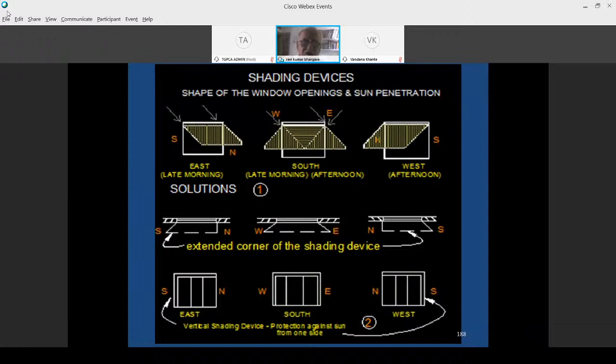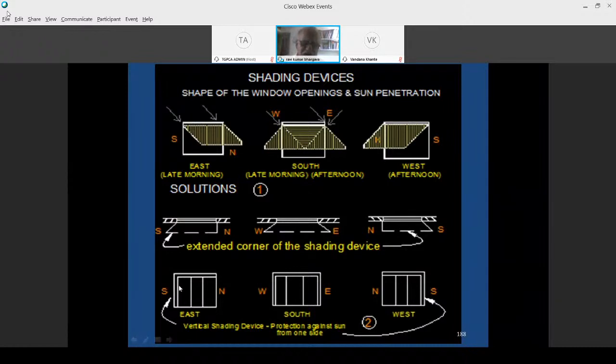So extend your shading device towards south. In the west, extend your shading device again towards south or the south facing wall. Extend your shading device beyond the window line, both toward east and toward west, so that the whole window will come in shade.